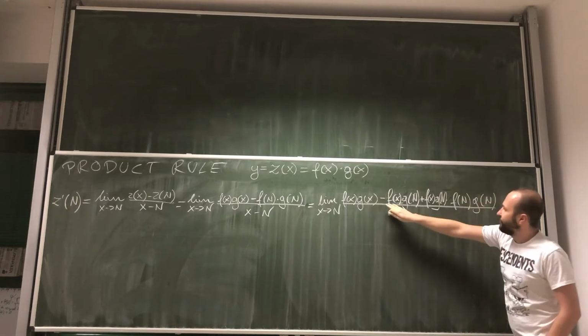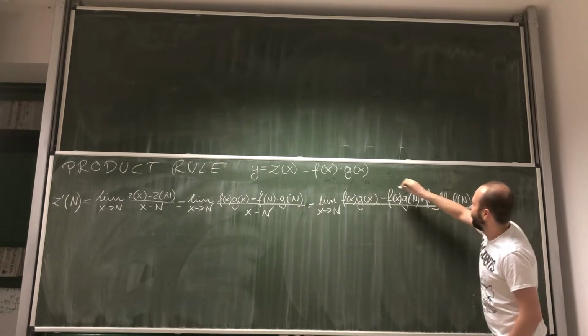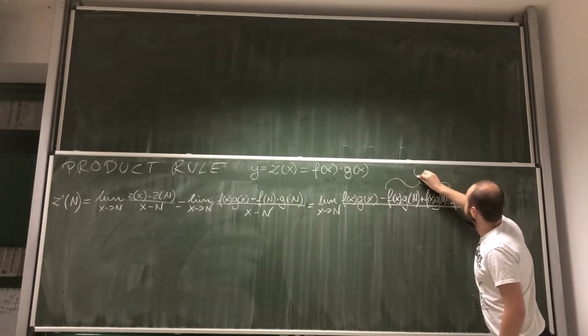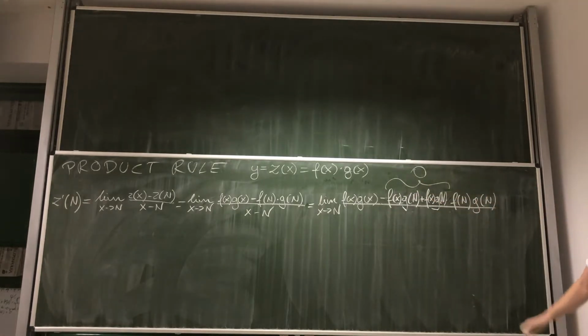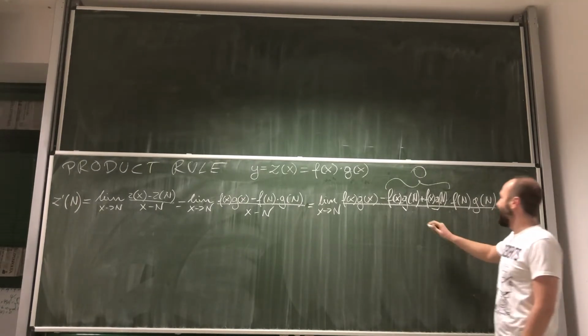So we've got minus f of x times g of n plus f of x times g of n, which of course is equal to 0. I've added 0 here, so I didn't change anything.